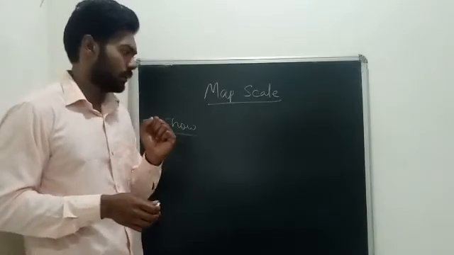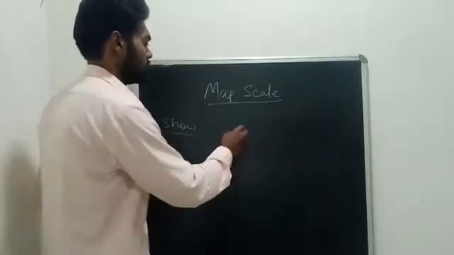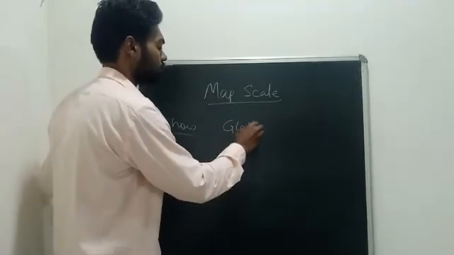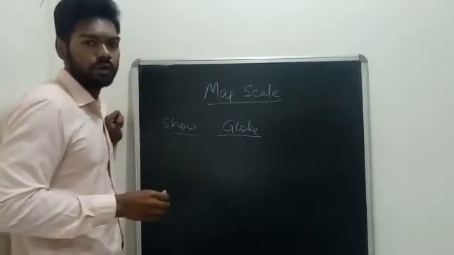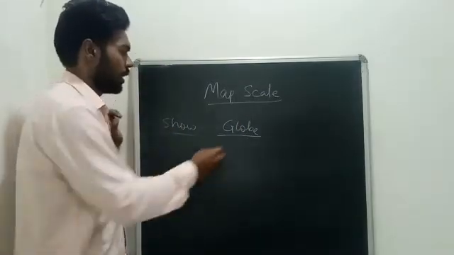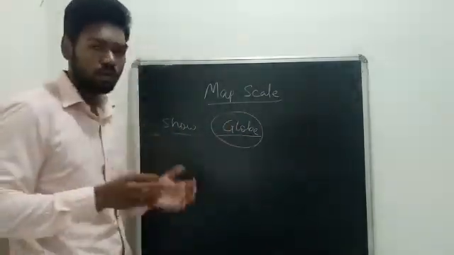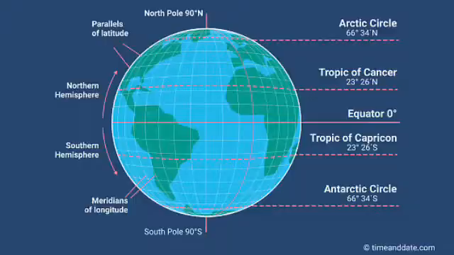You might have seen a globe. A globe is a very small 3D model, but it still shows the entire landform of our earth, which continent is situated at which place, and all these things.